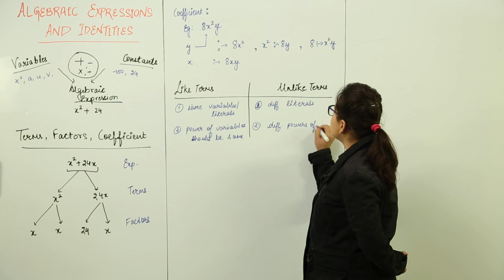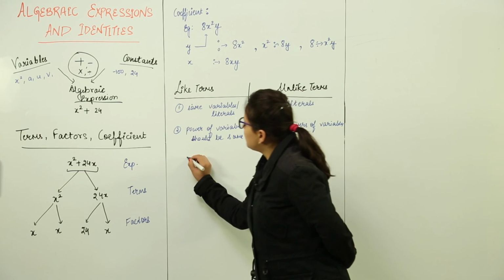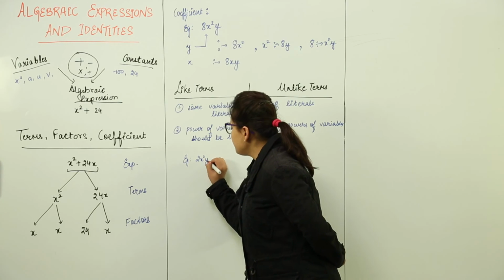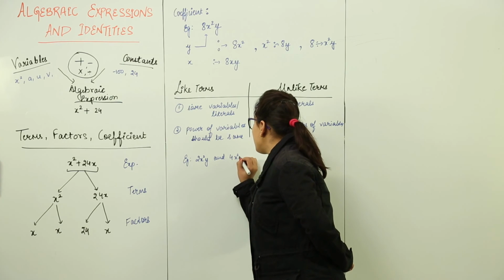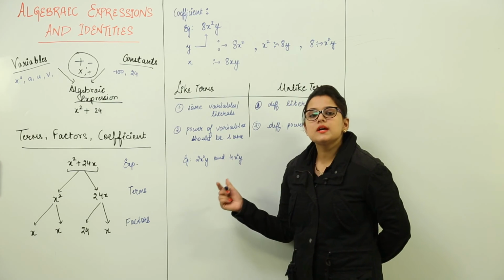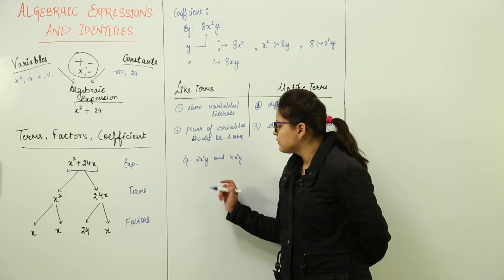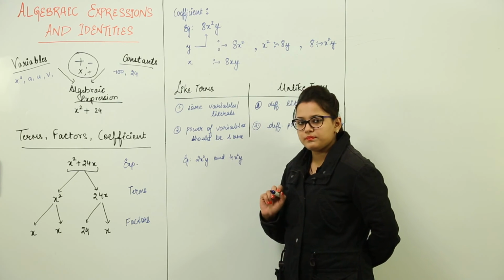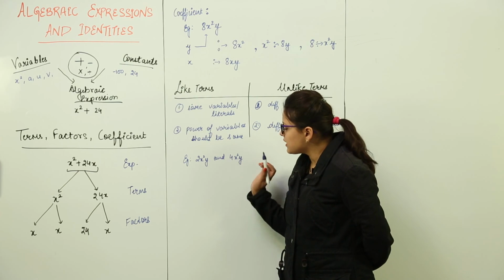Now let us take some more examples for this. Let us take 2x square y and 4x square y. Let us identify what the variables are over here and over here. Both have x square y.